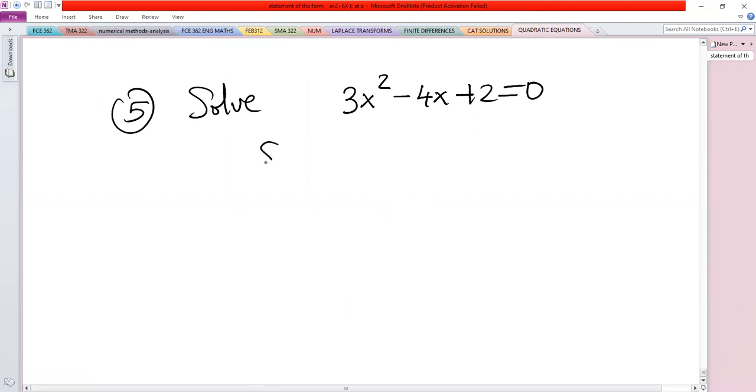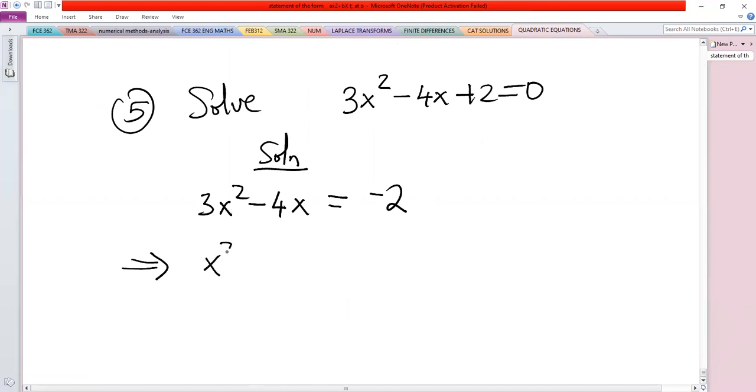Now what you do, you let 3x squared minus 4x be minus 2. Take the constant to the right hand side. And then next, ensure the coefficient of x squared is 1. So by dividing through by 3, x squared minus 4 over 3 x equals minus 2 over 3.